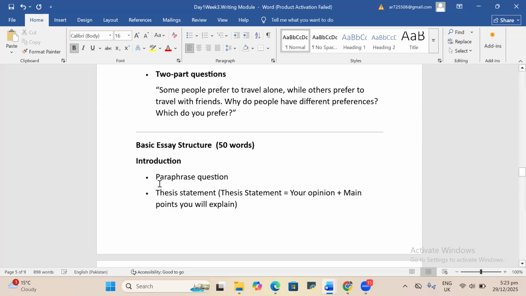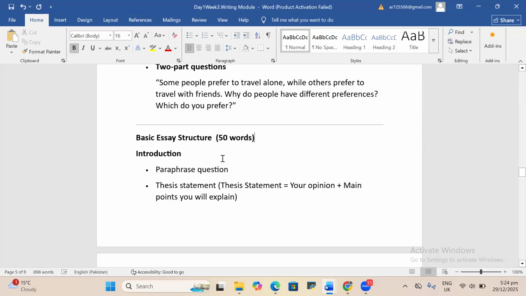For example, first you paraphrase your question, and then you state your opinion. So you can write this information in 2 to 3 sentences, and after that your word count is approximately around 50.